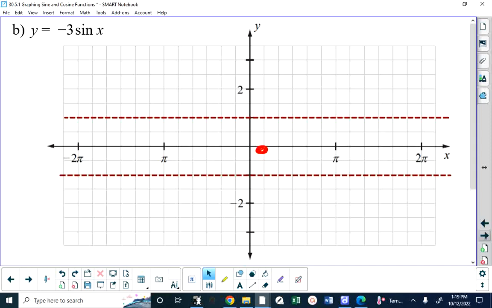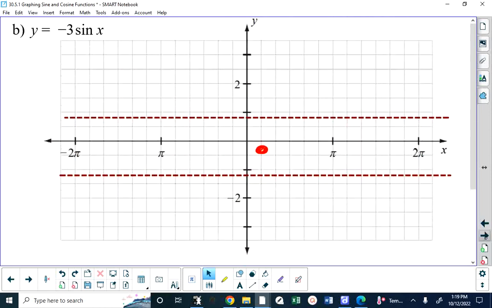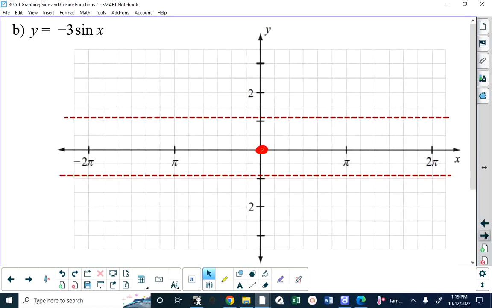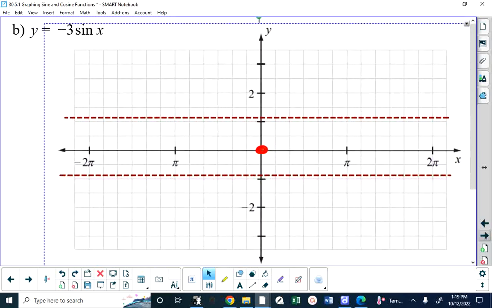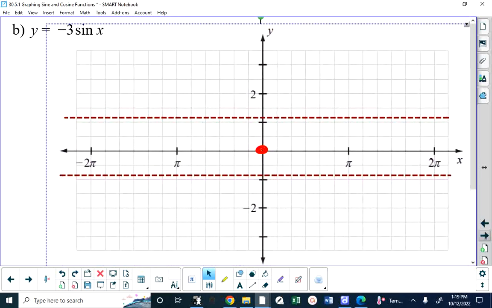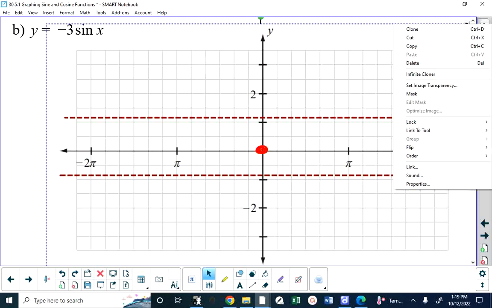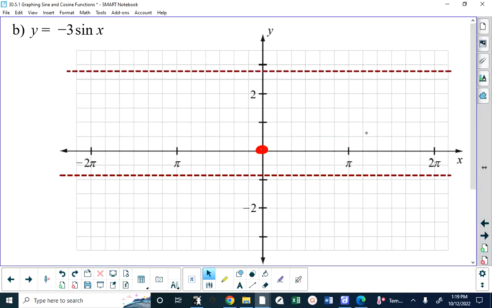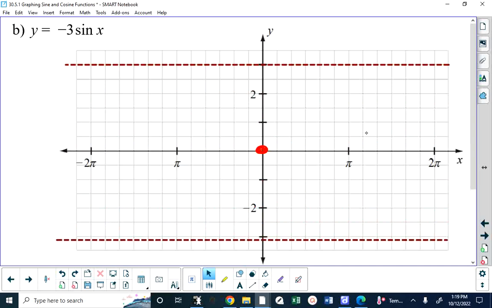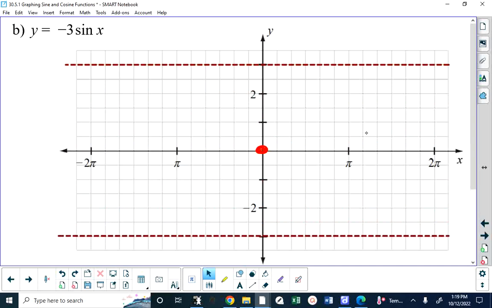That -3, the 3 part of it multiplies the vertical components of the graph by 3, so it's going to go 3 above and 3 below the middle. Sine starts in the middle going up, but the negative reflects it vertically, so it starts in the middle going down. The period is still 2 pi.